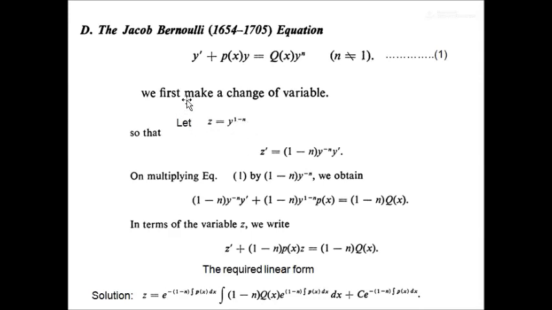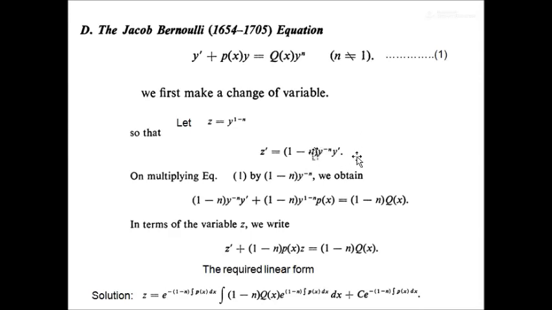Now if you put z equal to y to the power 1 minus n, or y equal to z to the power 1 by 1 minus n, and differentiate z with respect to x, you get dz by dx equal to 1 minus n y to the power minus n into y prime.